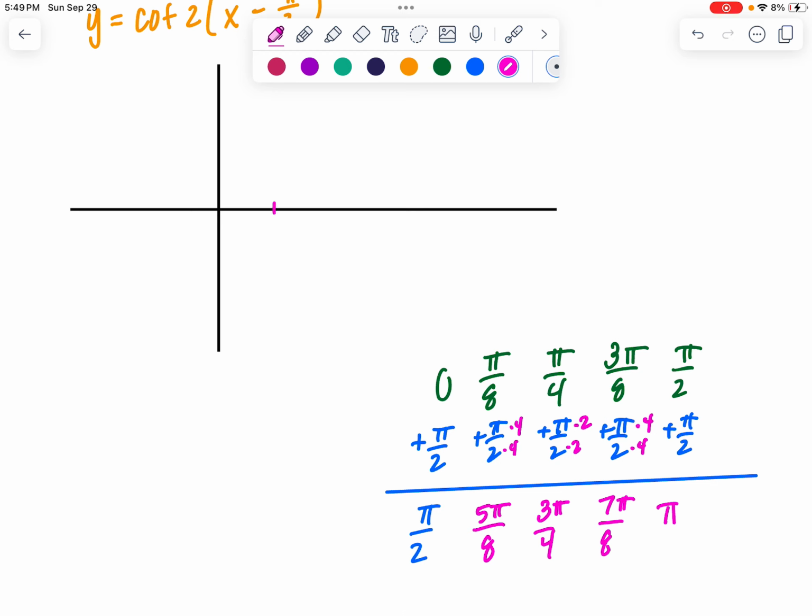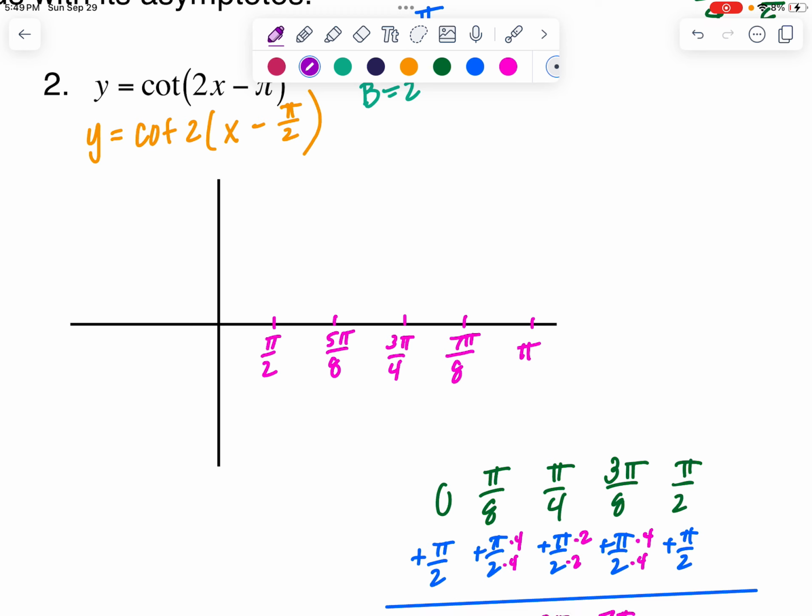Okay, so we're going to go and start at pi over 2, then go to 5 pi over 8, 3 pi over 4, 7 pi over 8, and then we're at pi.